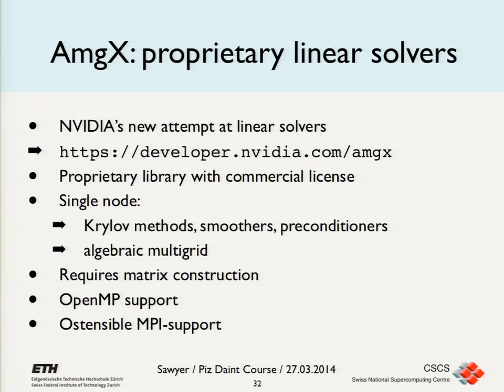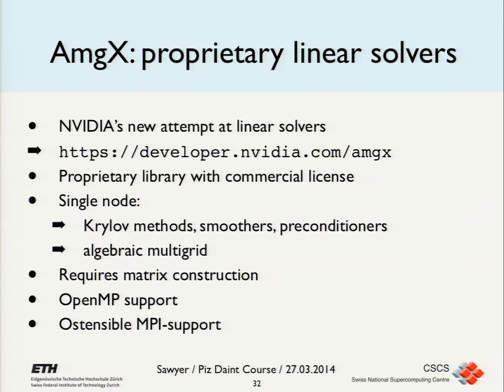However, that's not really effectively implemented because it effectively means you're performing a different algorithm. You're not performing the same solve. So the multi-node version can take much longer to converge or not converge at all. And in my mind, that isn't an effective tool if the multi-node version gives you different results than the single-node version. Okay, I just mentioned that because that is what NVIDIA has tried to push now. We don't have it on Piz Daint, and it would be interesting if there was any interest in it.